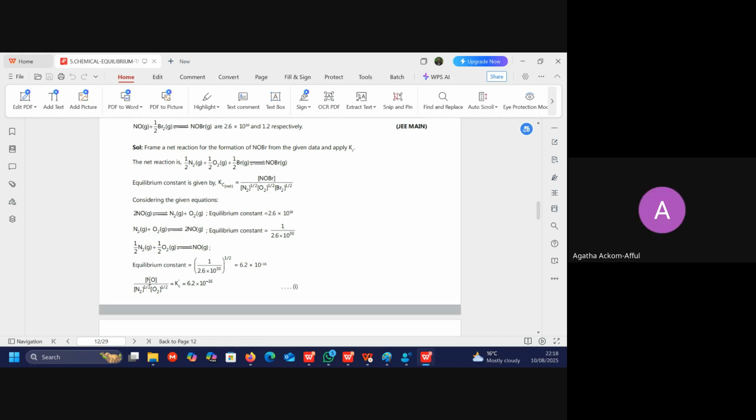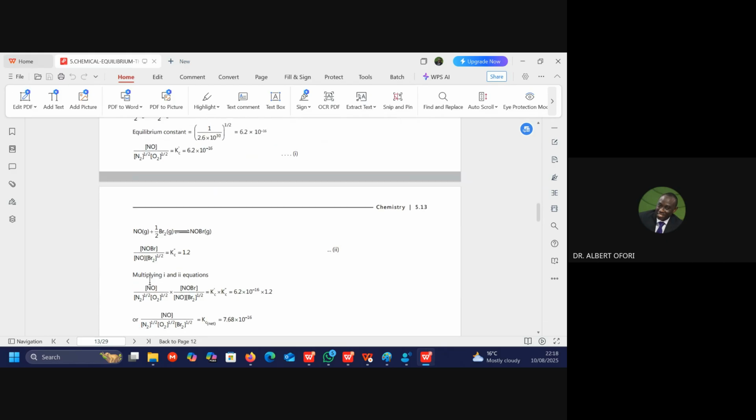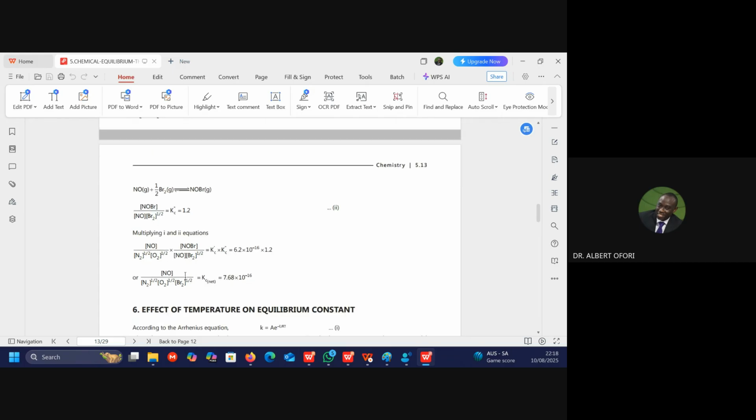Yes, Doc. Then we look at the second equation. When we write the KC, it is the products divided by the reactants, each raised to the power of its order, and then this is the value. So by adding the equations, you are multiplying the K values: the new KC1 multiplied by the new KC2.